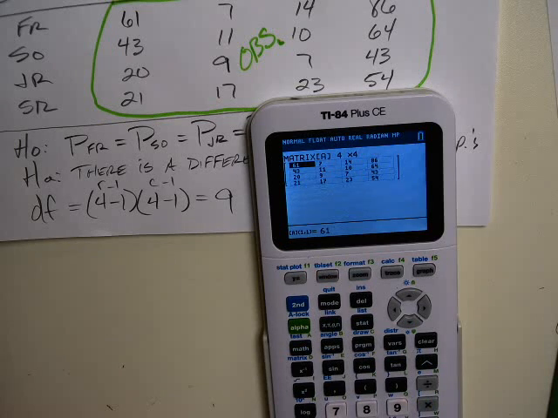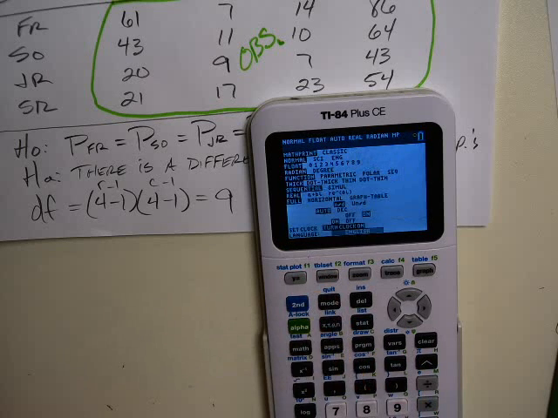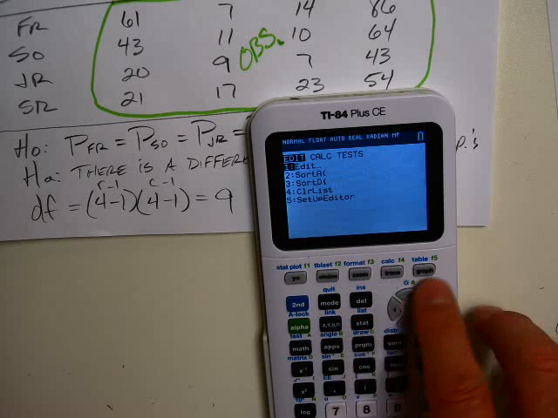Let me know when you're ready. You got it? We do not need an expected. That's going to be created for us. So I'm going to go ahead and quit that. And go to stat.